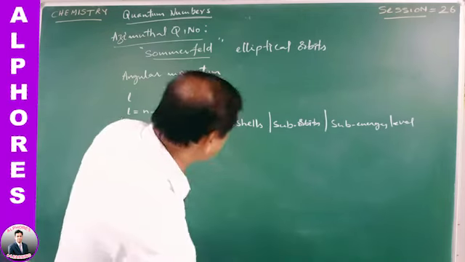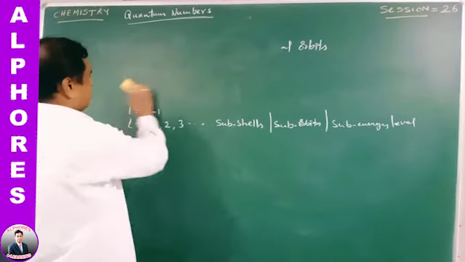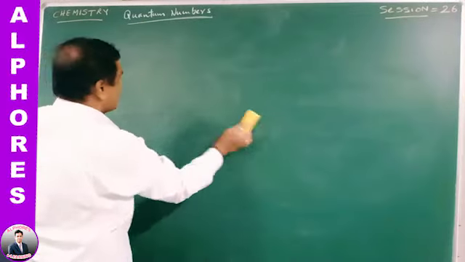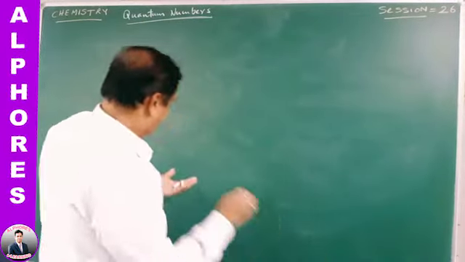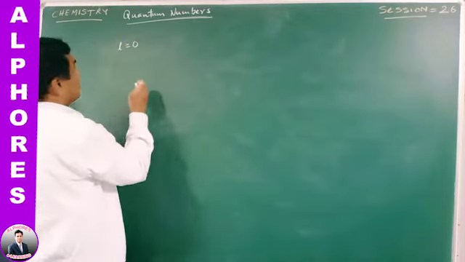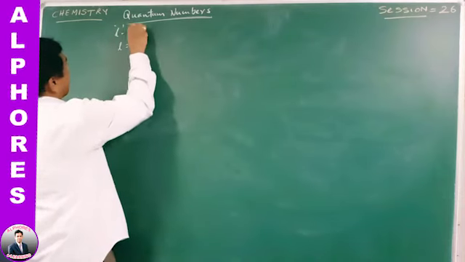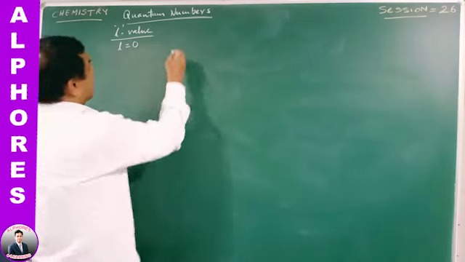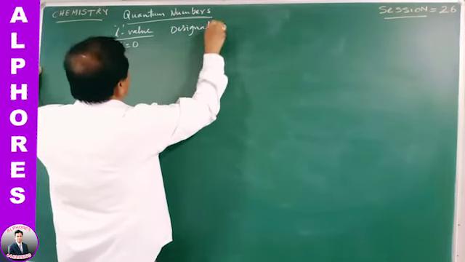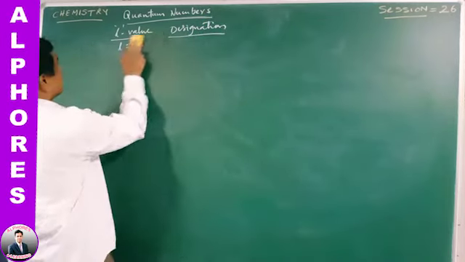Now, the L value represents the subshell, and each has a designation. When L is equal to 0, that is the S subshell.